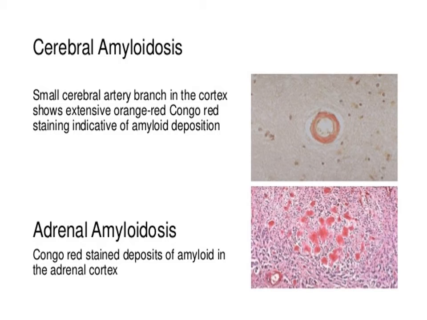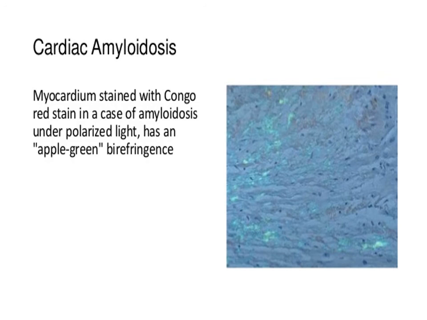A small cerebral artery branch in the cortex shows extensive orange-red Congo stain, indicative of amyloid deposition. And adrenal amyloidosis. Congo red stain shows deposits of amyloid in the adrenal. Cardiac amyloidosis. Myocardium stained with Congo red stain in case of amyloidosis under polarized light has an apple green birefringence.